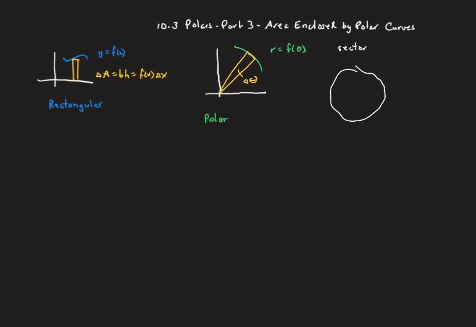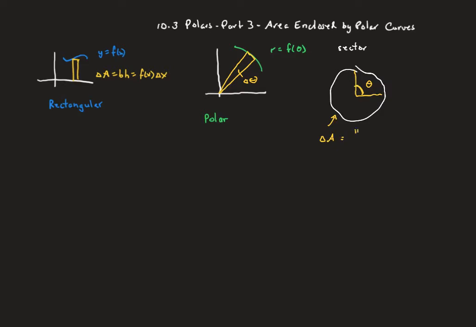Now, the way we do it in general is, imagine that's actually a circle, and if we took a part of that circle and we wanted to know the area of that piece, what we do is we take our angle theta. We're going to think in radians. My delta area in this case is going to be that quarter circle.